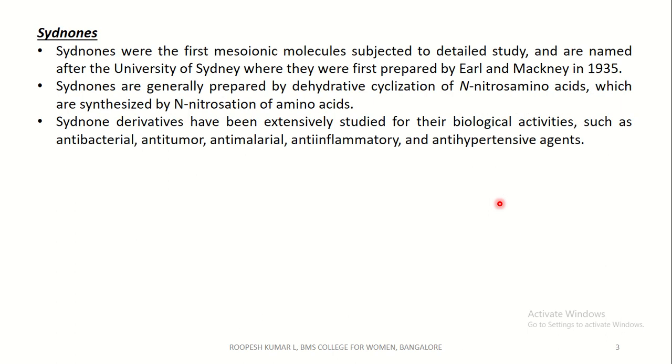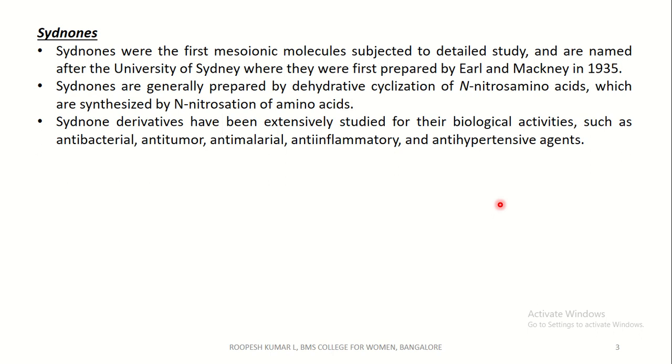Sydnones were the first mesoionic molecules. As I said before, N-phenyl sydnone is the first mesoionic molecule subjected to detailed study, and sydnones are named after the University of Sydney, where they were first prepared by Earl and Mackay in 1935.